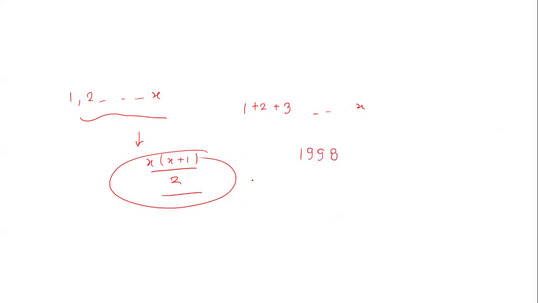So this sum must be less than 1998, because in the 1998 you are adding some page number to this. So 1998 should be more than this. It is obvious. So x times (x plus 1) is less than 3996 we get.